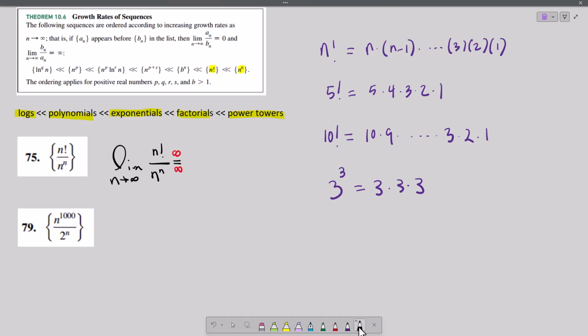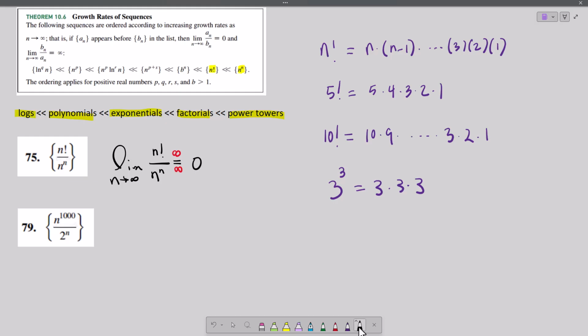We can't do that math in this class. We can't take those derivatives. So what we do is use the fact that this growth rate chart tells us that the power towers grow fastest. So if power towers grow faster than factorials, what's that limit have to be? 0. Has to be 0.